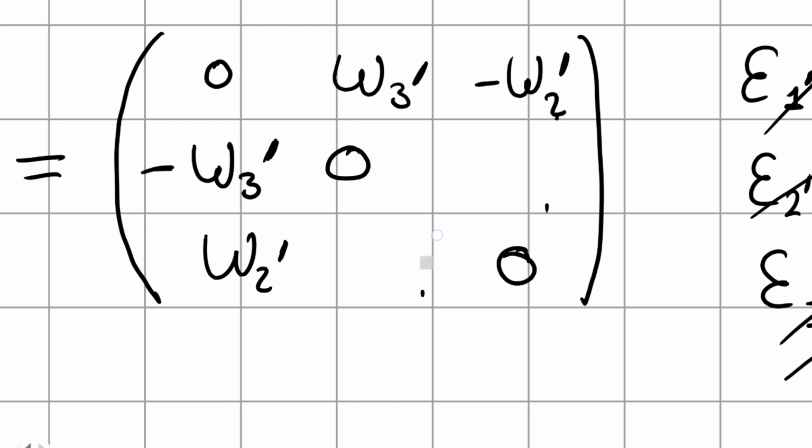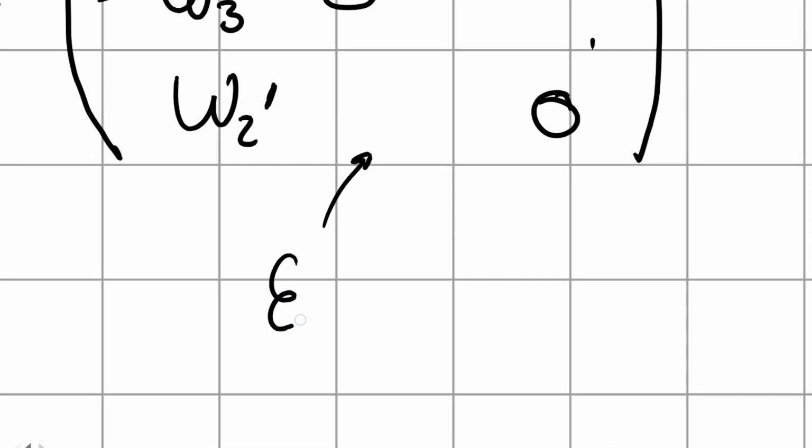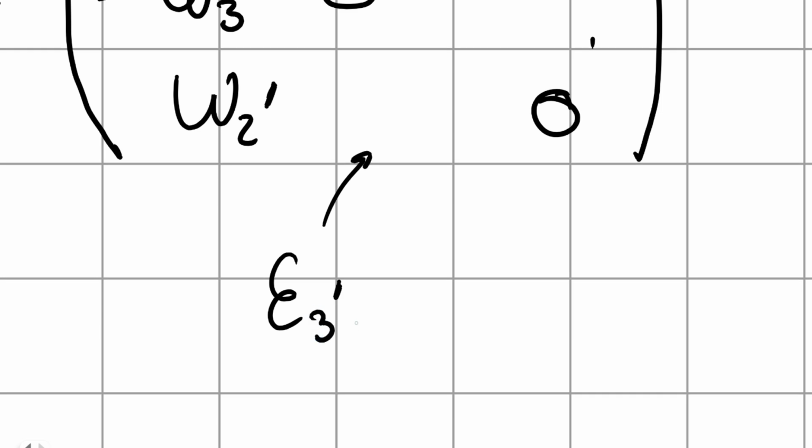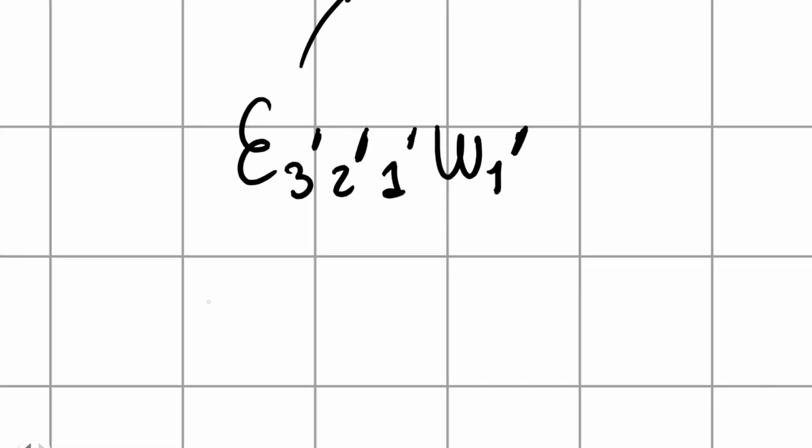So what is this going to be? Well, for example, for this we are going to get that we are in the third row, the second column, and of course the omega 1 element. So if we have the sequence 1, 2, 3, what do we need to do to get to 3, 2, 1?